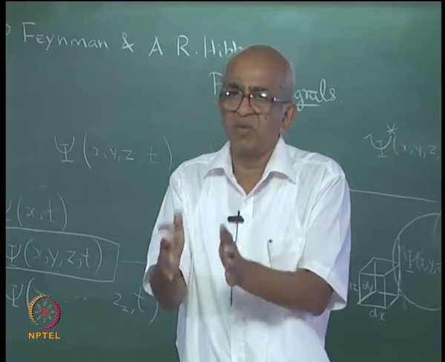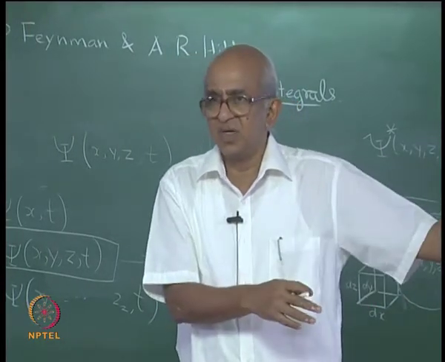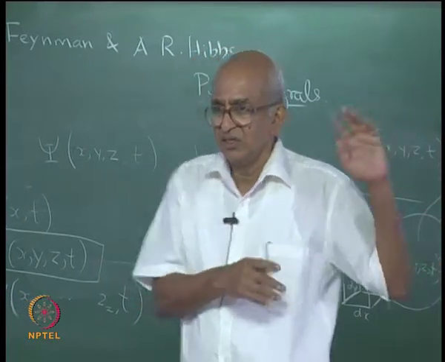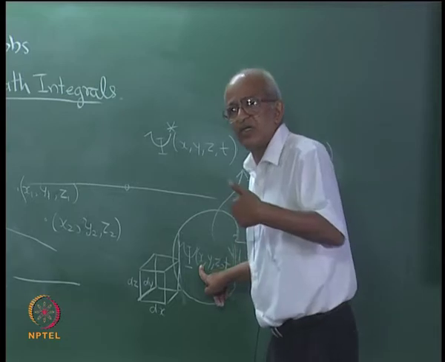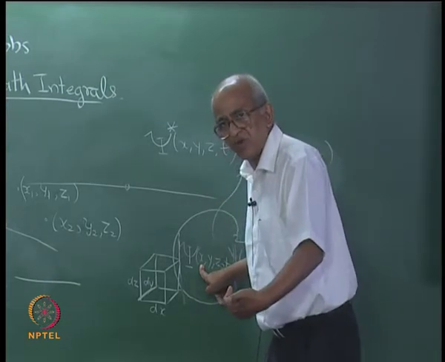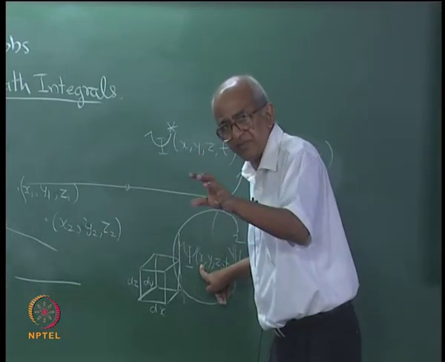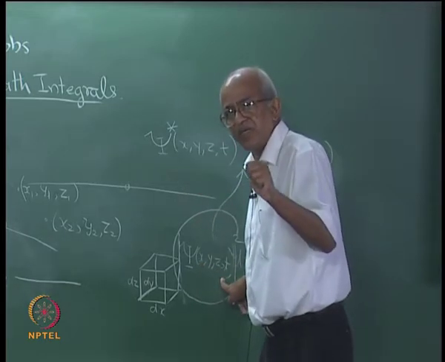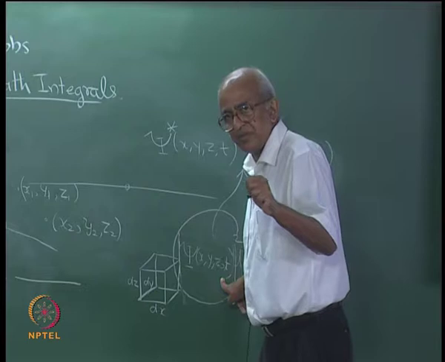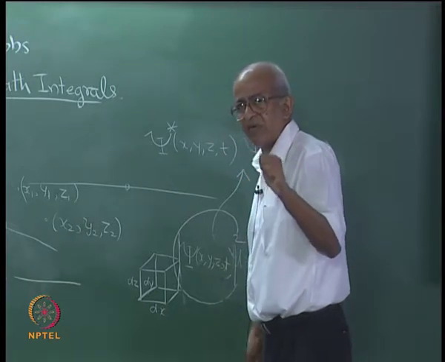I take a volume and multiply it by density, I will get the mass. So, similarly, you take the volume, multiply it by this object, you are going to get the probability of finding it in that small volume. So, therefore, this object should be referred to as a probability density. So, psi star psi is a probability density.